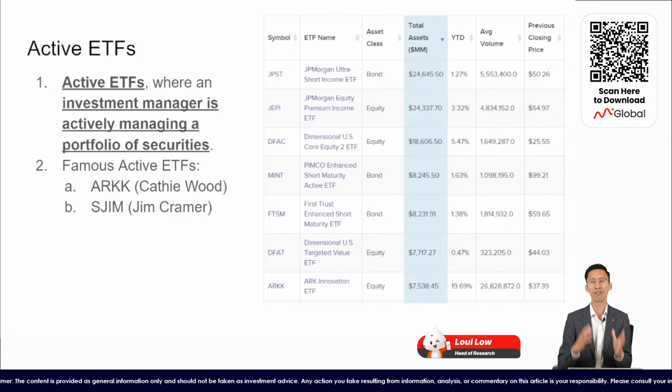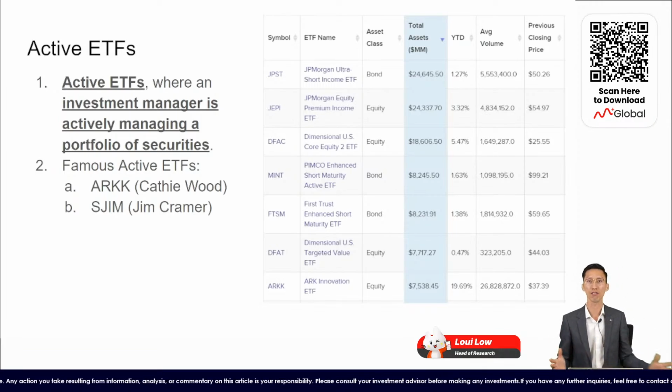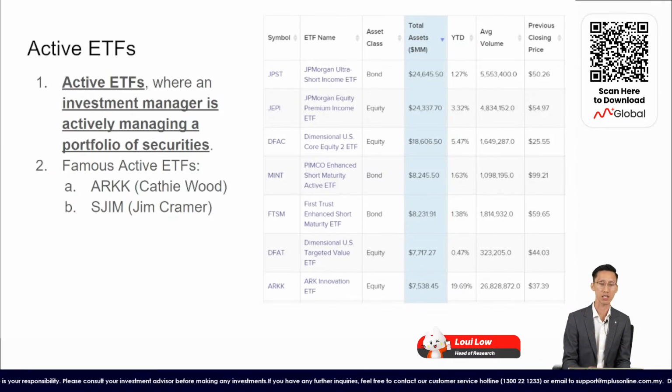Because investors are getting more and more sophisticated and demanding, they need to come up with these new ETFs to cater for these new investors. So passive is more like a very user-friendly tool, and with these active ETFs, you have to believe in the person. You have to believe in Katie Wood, or maybe in Jim Cramer, in order to invest in this kind of ETF.